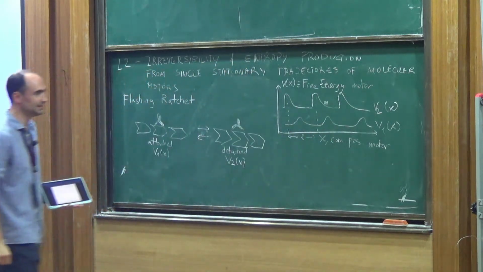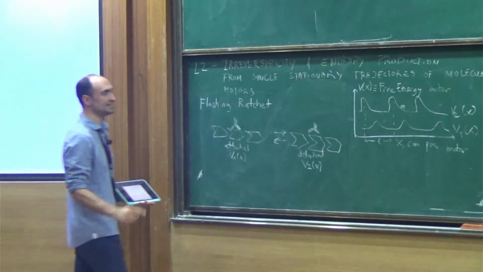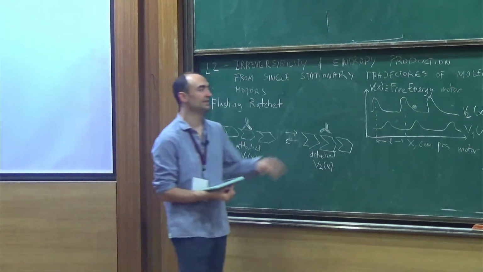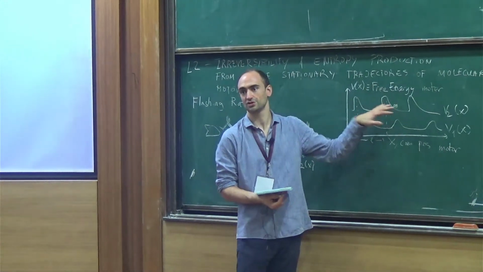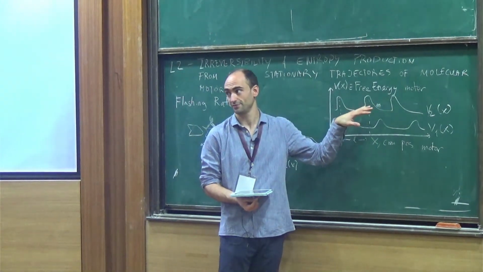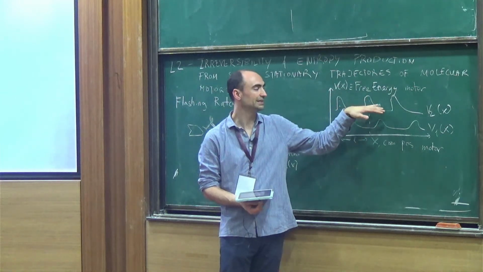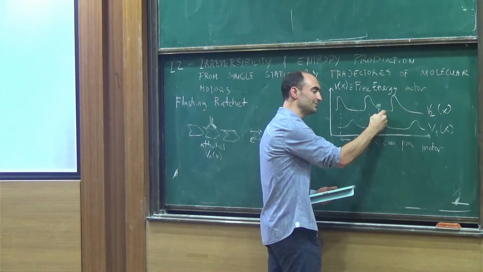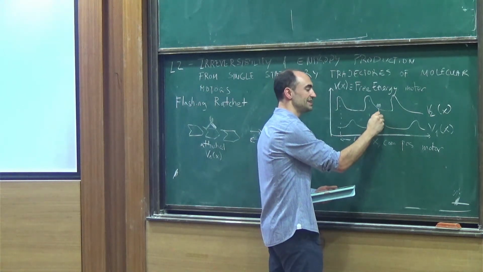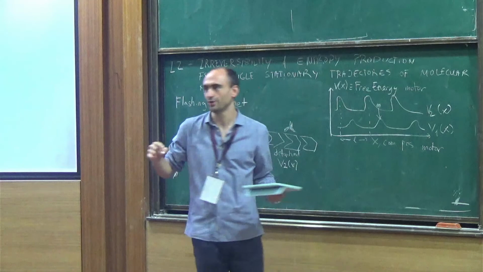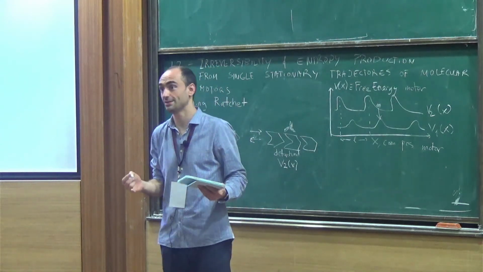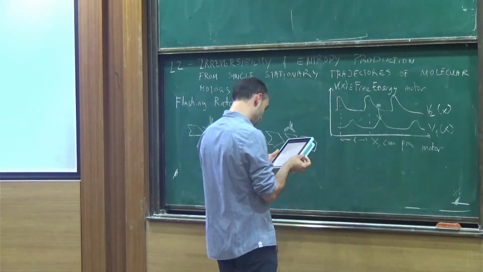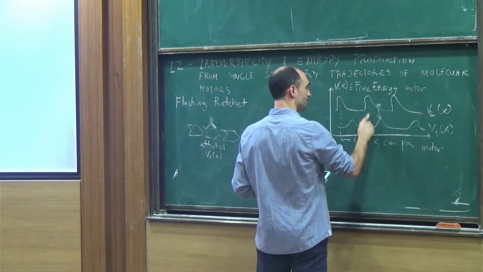As I said, we will assume that there is a switching or flashing between the potentials. If the motor is here, it is experiencing diffusion, thermal fluctuations following a Langevin equation. Then all of a sudden, this potential can be switched to the other potential at a random time. The motor doesn't fall anywhere, so the position is not changing. It's only the potential that it experiences. This happens at a rate that I will call omega 2(x).